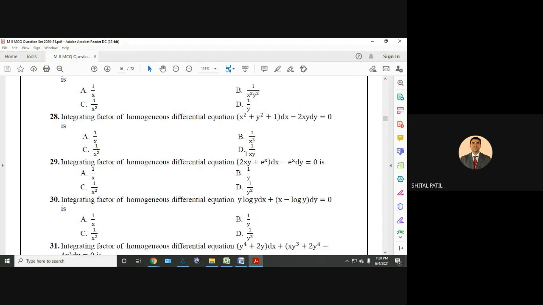Okay, we'll go through 29. Solve example number 29. M equal to 2xy plus e raised to x, N equal to minus e raised to x.